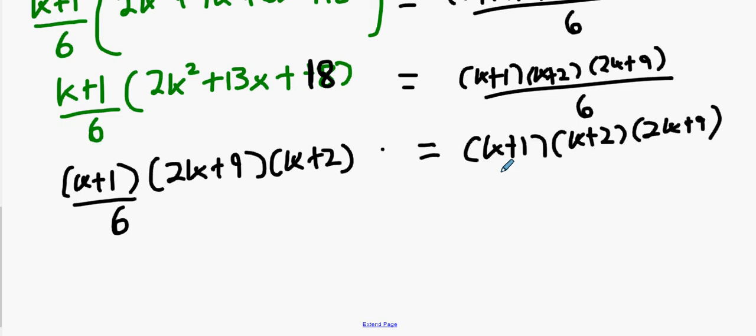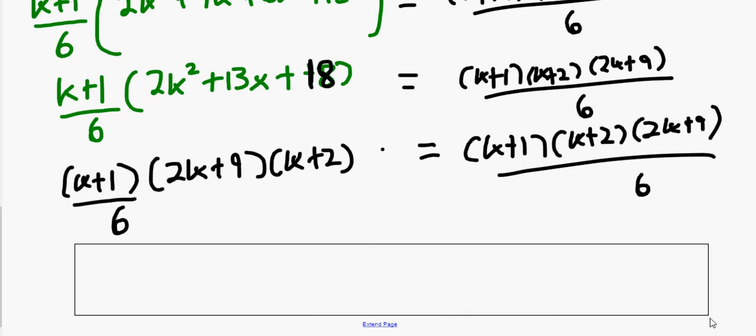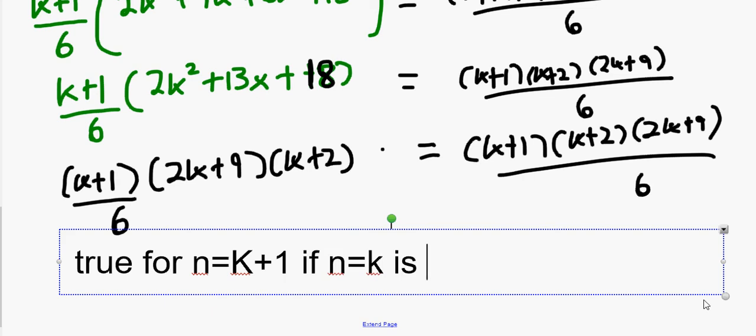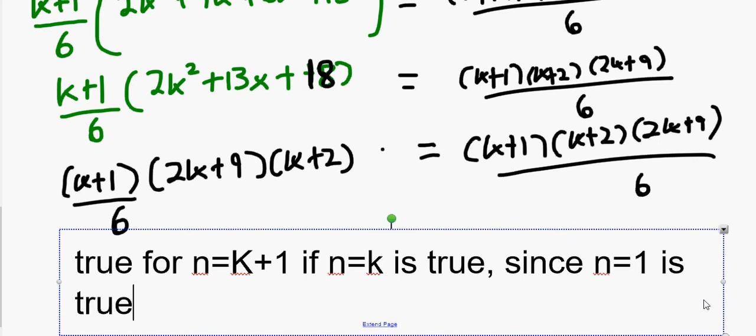Okay, and now we're going to go through the spiel again at the end. True for n equals k plus 1 if n equals k is true. Since n equals 1 is true, basically k takes on the value of 1. This means n equals 2 is true.